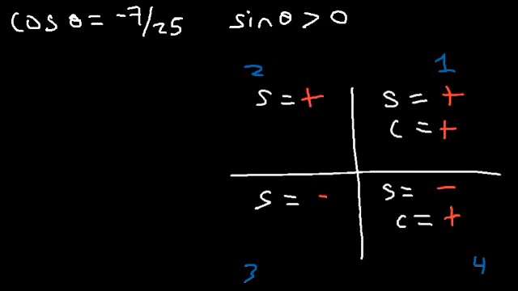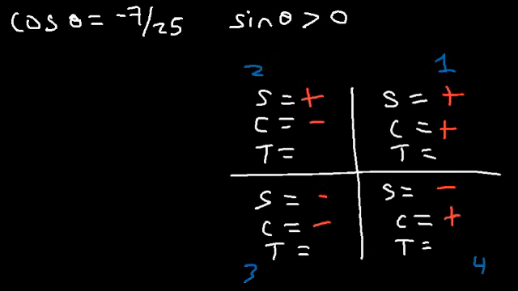And cosine is negative in quadrants 2 and 3, since x is negative in those quadrants. Now tangent is basically sine over cosine, which is like y over x. Tangent is positive in quadrants 1 and 3. In quadrant 1, a positive number divided by a positive number will give you a positive number. In quadrant 3, a negative number divided by another negative number will give you a positive number. In 2 and 4, tangent is negative.